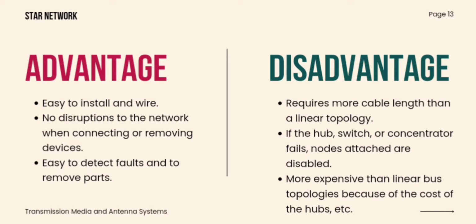While the disadvantages are that it requires more cable length than a linear topology. If the hub, switch, or concentrator fails, nodes attached are disabled, and it is more expensive than linear bus topologies because of the cost of the hubs, etc.